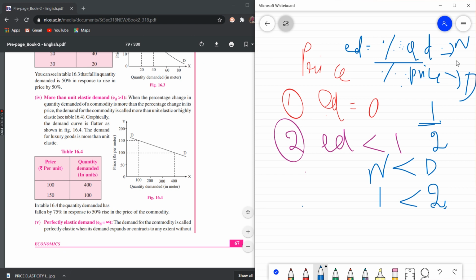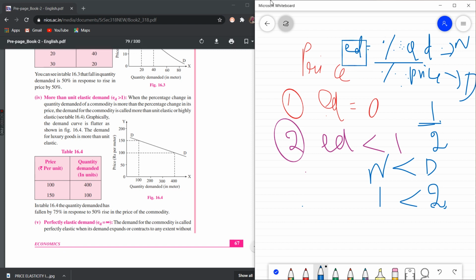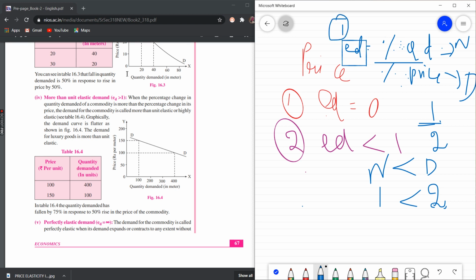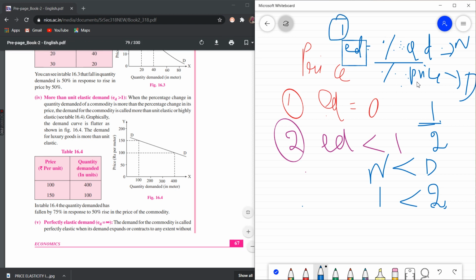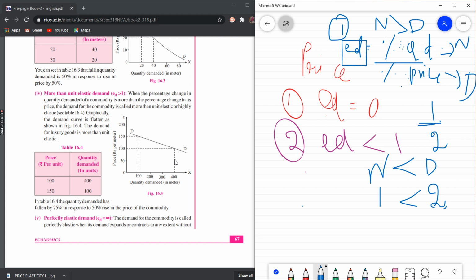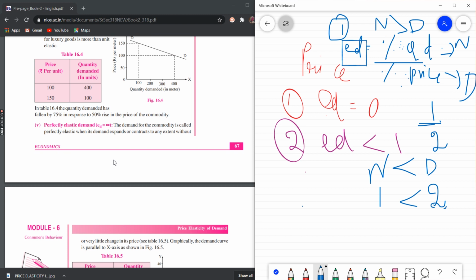That is, see the opposite case. When will ED be greater than 1? Okay, so when numerator is greater than denominator, ED will be greater than 1. So the case will be that the percentage change in quantity demanded will be greater than the percentage change in price levels. Okay, so perfectly elastic demand, ED is equal to infinity.